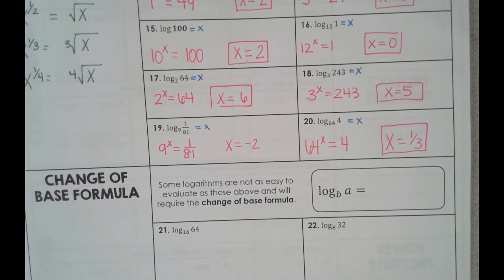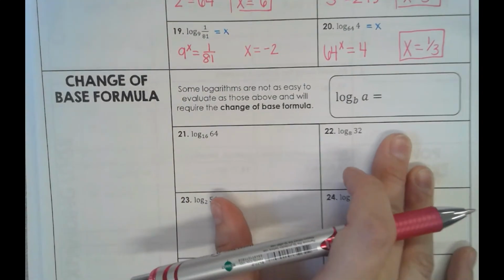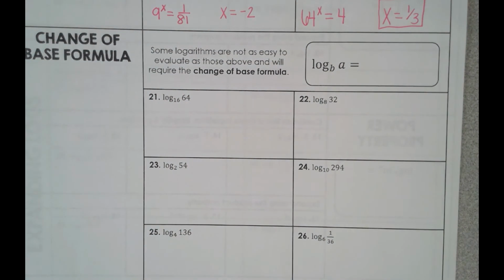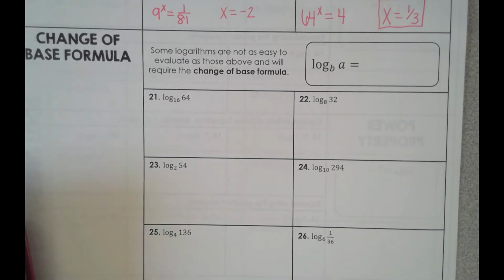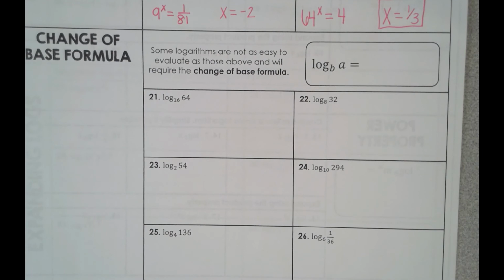All right, and then the last thing, we have something called the change of base formula. This is where we can turn something in and get it to where we have a base of 10. Now, the reason that might be useful is because most calculators have a regular log button, but they don't have it where you can make it log base 2. Now, these calculators do, and I'll show you how to do that in just a minute.